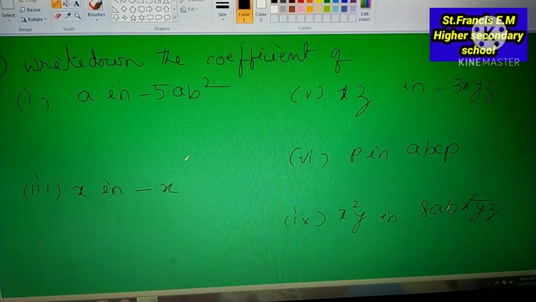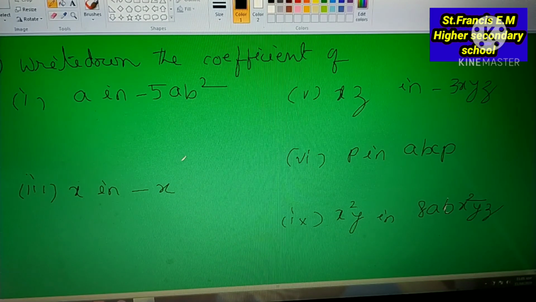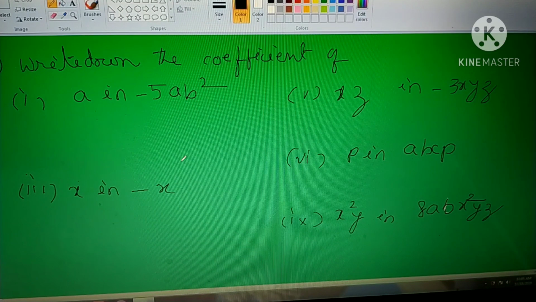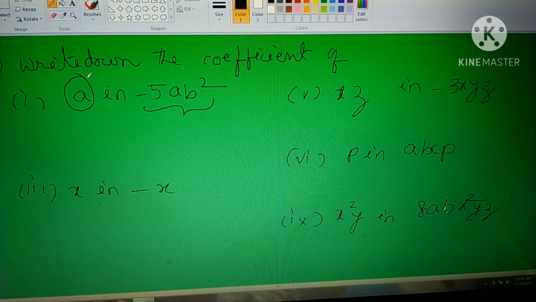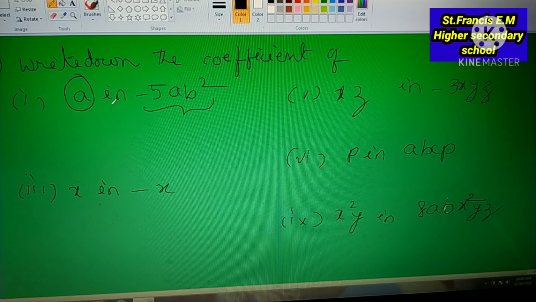Third problem. Write down the coefficient of the given variables. So the first question is a. Coefficient of a we have to write. In the given expression we have to write the coefficient of the particular a here.